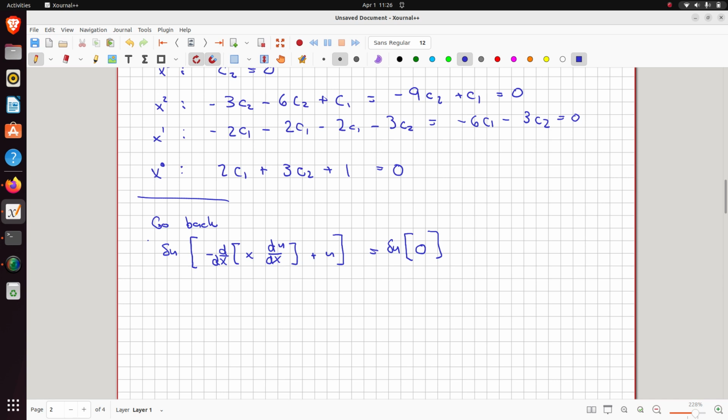So if I integrate from 0 to L dx, of course, this is just 0, right? The right-hand side is still 0 because the integrand is 0.